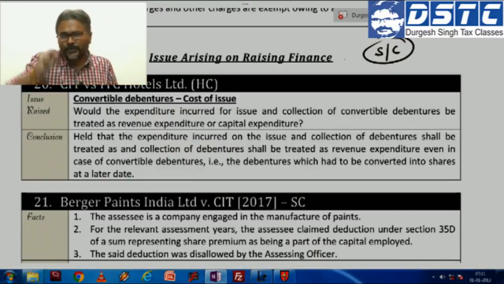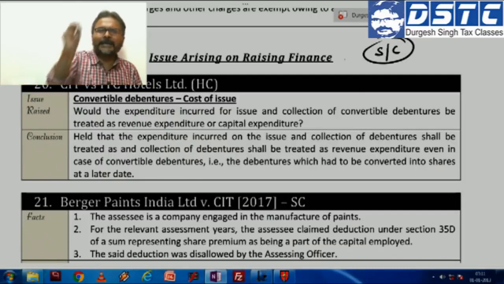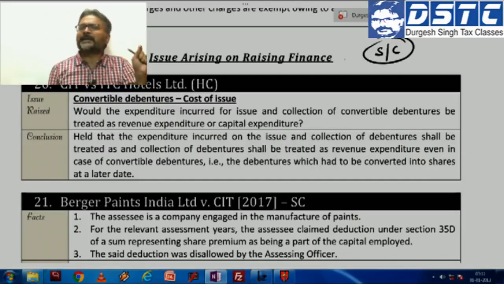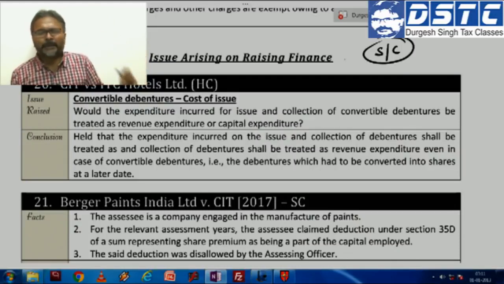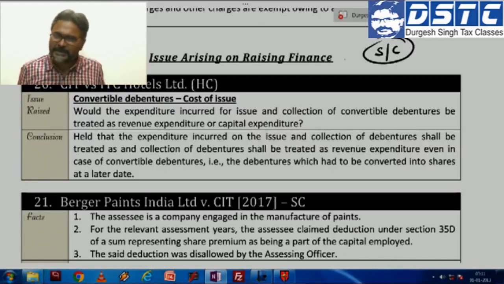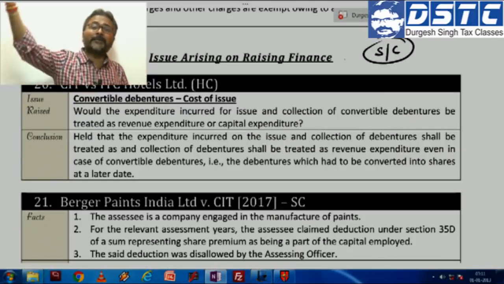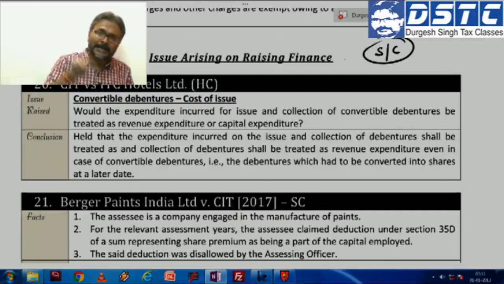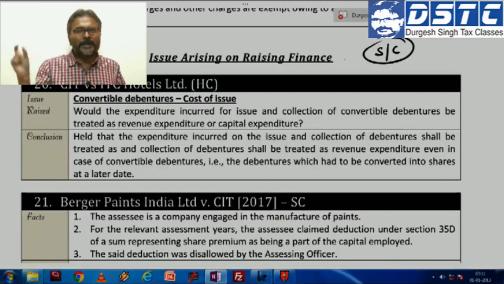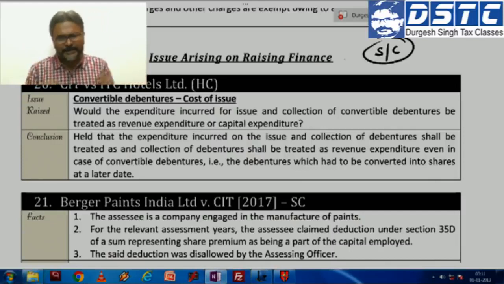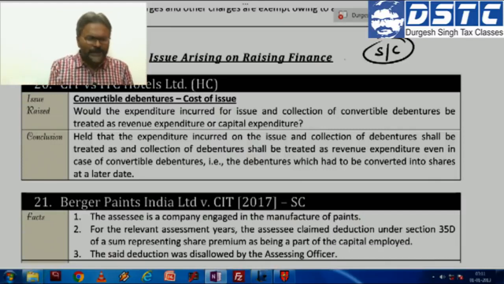So what was issued was debentures, and for that if you have incurred the expenditure, the court has held that this expenditure will not be considered to be capital in nature. Although I must say there are contradictory decisions as well, which have said that tomorrow the debentures will become share capital and therefore it will become permanent, and hence the expenditure incurred will be considered to be capital in nature. So there are contradictory decisions as well, but still if the question comes in the examination, go with ITC Hotels Limited.